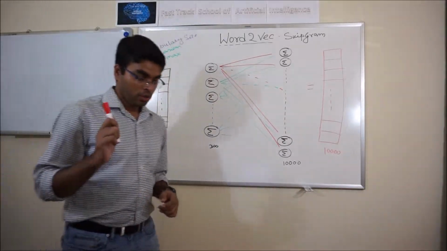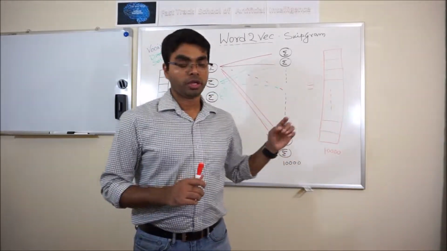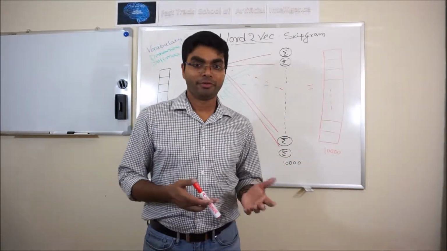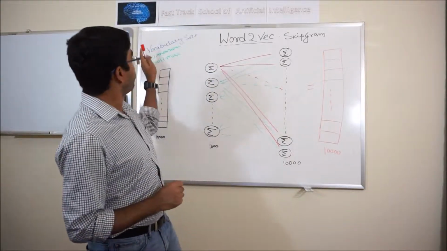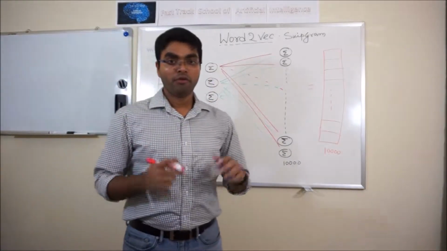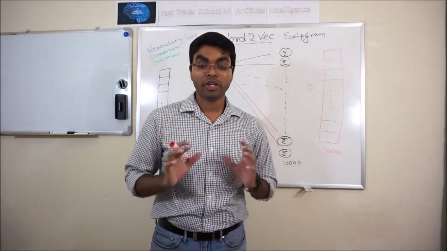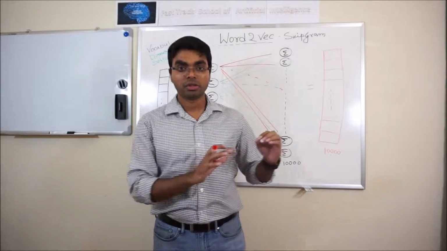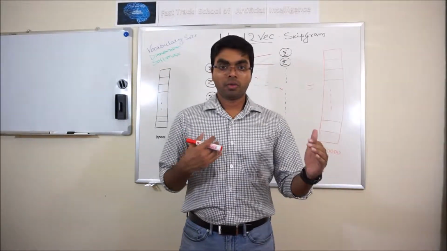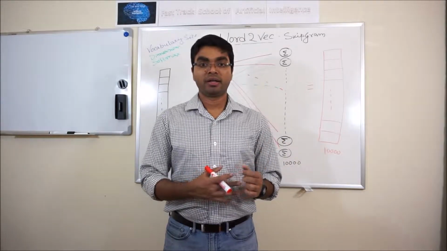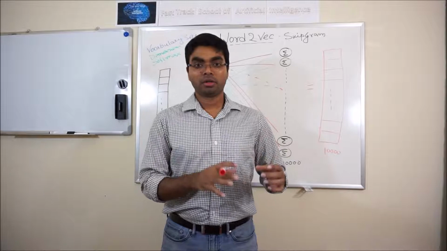Before I start explaining how this model looks, we need to understand three very important terms. One is vocabulary size. Vocabulary size is the size of the unique words we are going to consider in our training process. Our one corpus or one document may contain 20,000 unique words, but we may not consider all of them.